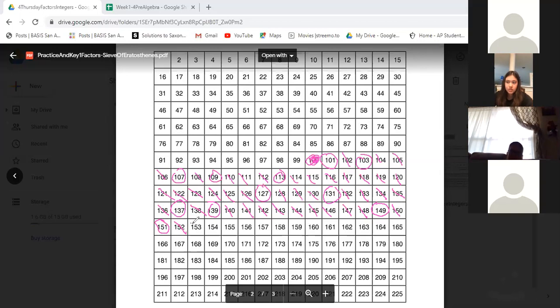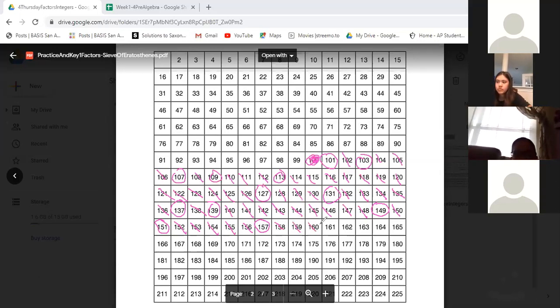No, it's crossed out. 154 is crossed out. 155 is crossed out. 156 is crossed out. 157 is circled. Or no, it's crossed out. 159 is crossed out. And then 160 is also crossed out. All right, Sebastian, can you please do 161 to 170?